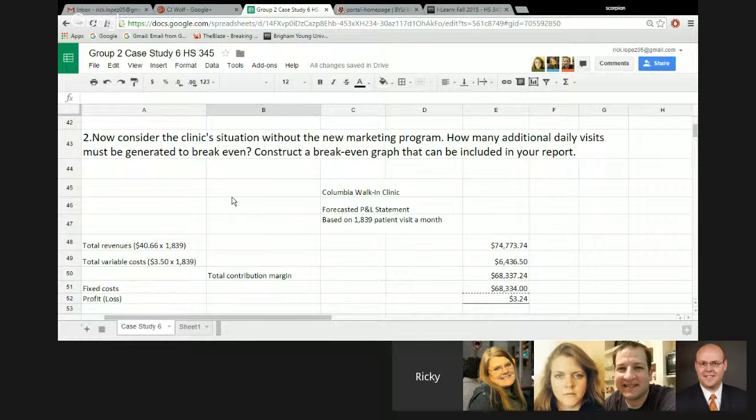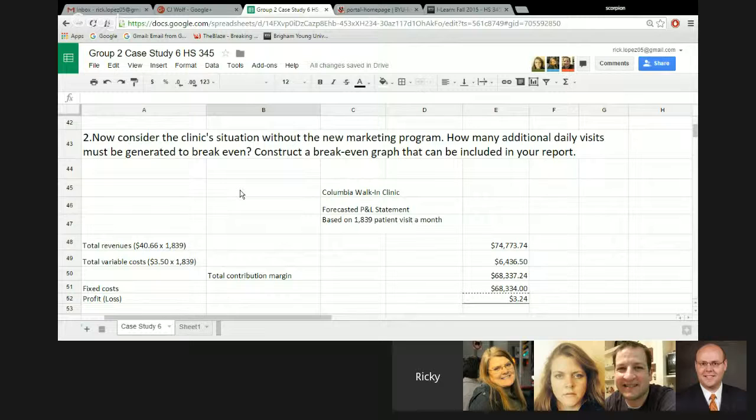So in order to do that, we knew that the monthly visits were at 1,350, and with that, in order to make sure that we break even, we had to add another 16.3, which we just rounded up to 17 for good measure. So that added on to up to 1,860.